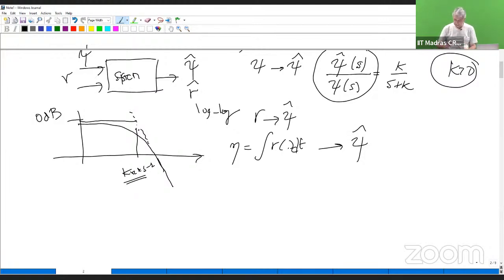When you do this computation that I'm not going to do, you get the transfer function s over s plus K. And s over s plus K is very interesting because when you do the Bode plot, it gives you something like this.